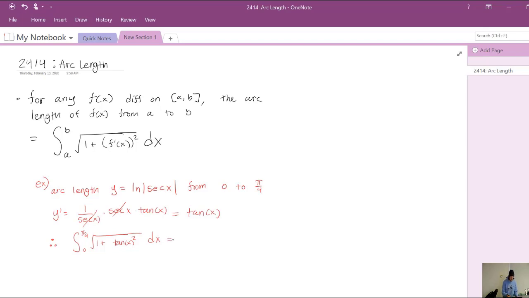Right, and from here, who can simplify the inside of this root? 1 plus tangent squared equals what? Secant squared. And then the square root of secant squared of x.